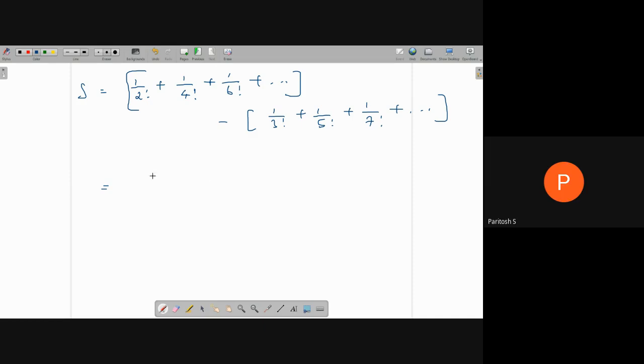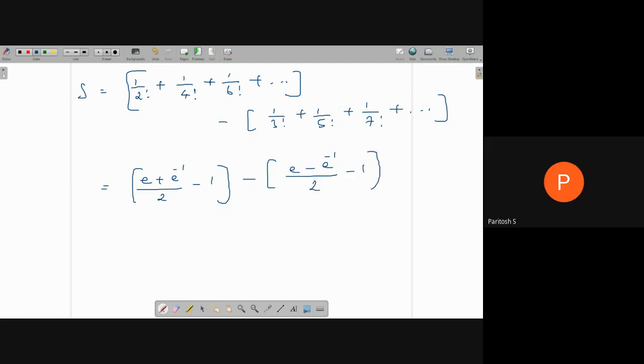E plus E power minus 1 by 2 minus 1. Yes, the first term 1 is missing, that's why I subtracted. Correct, Paritosh. Minus, E minus E power minus 1 by 2 minus 1.